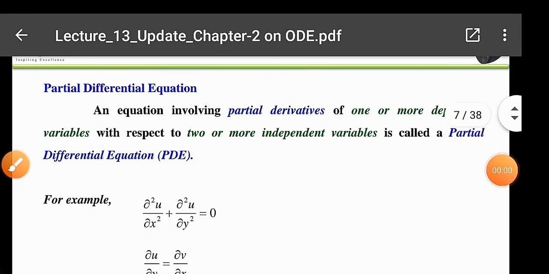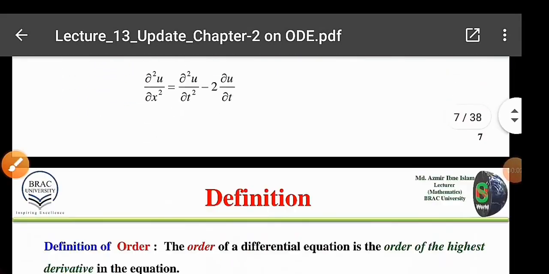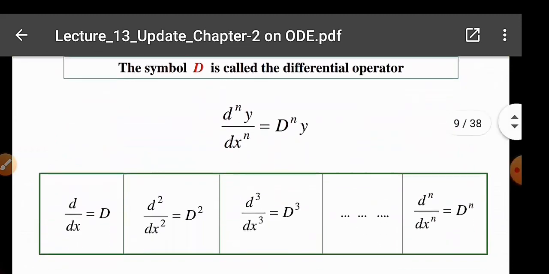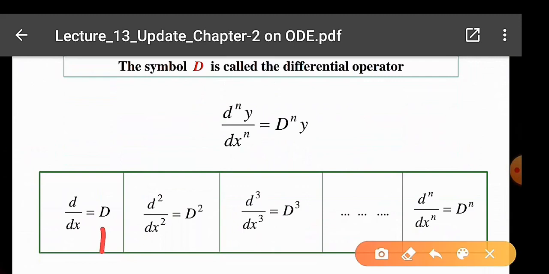Now we need to understand some important notations. Remember, d/dx can also be written as uppercase D. So if d/dx is equal to D, then d squared/dx squared can be written as D squared, and so on. So the nth derivative can be written as D^n y.